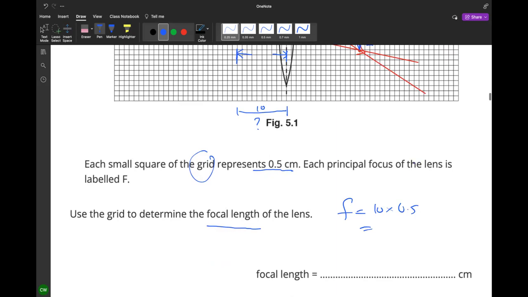So how many cm? Okay, this is 5 cm. 5 cm is the answer. Any question?